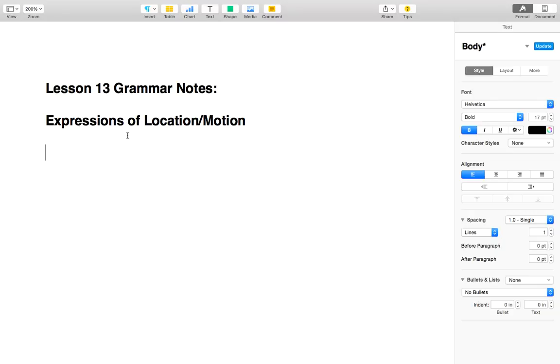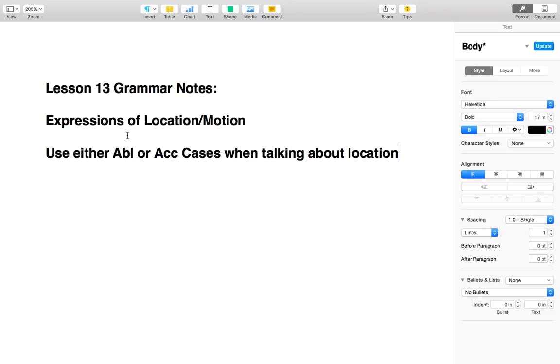before. The ablative and accusative cases are used when talking about location or movement.